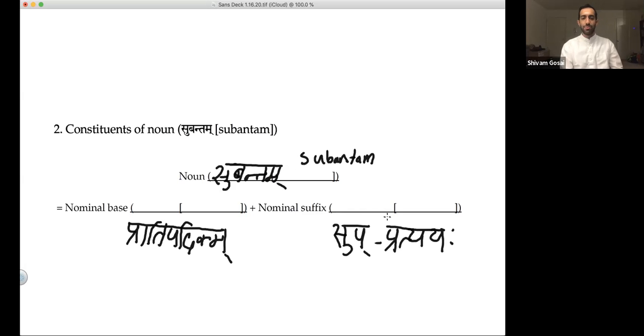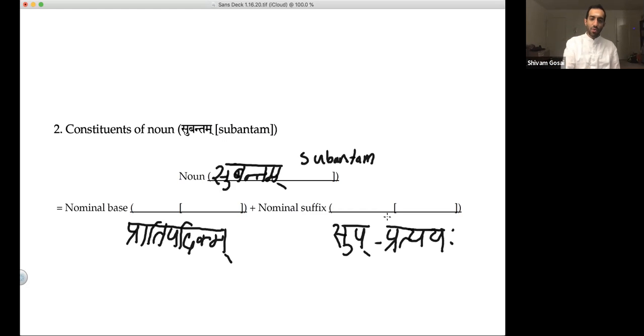So subantam is made up of these two parts, pratipadikam and sup pratyaya. Repeat after me: pratipadikam. That's going to be our base of the word. Then to that, we add a suffix called sup pratyayaha.